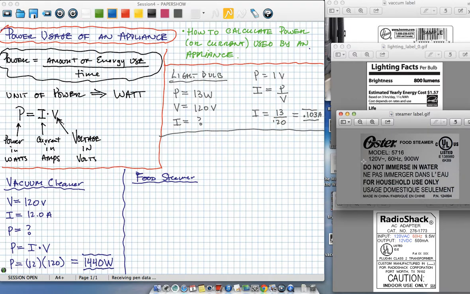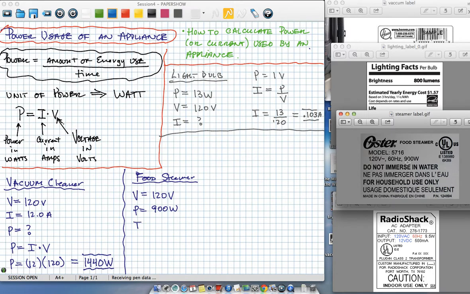That's what that means. So our voltage is 120 volts and 60 hertz. That's another indication that it's AC current, as opposed to DC current. DC current is battery operated. And it says it's 900 watts, so P is equal to 900 watts.